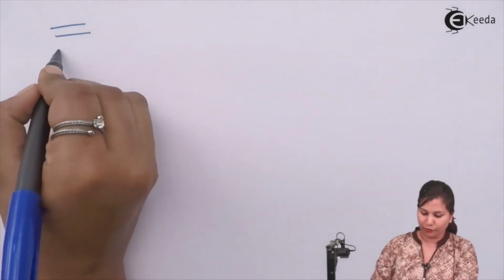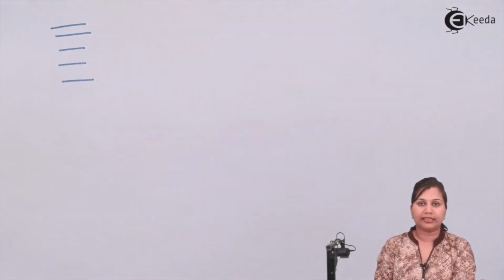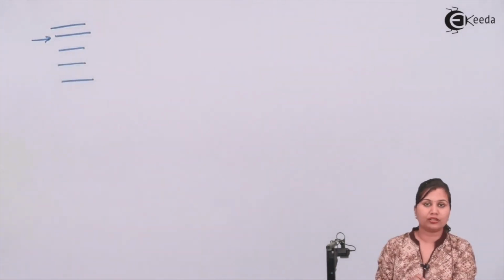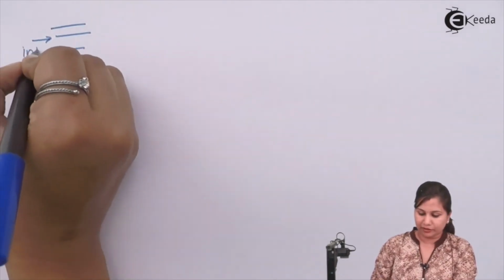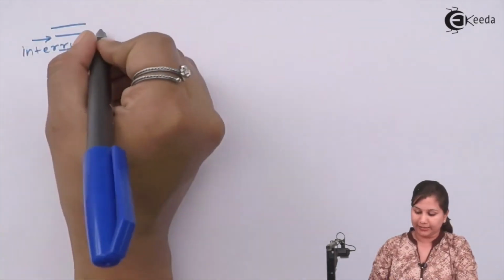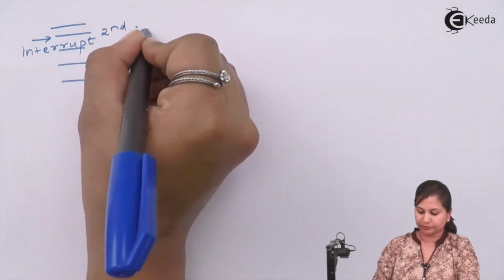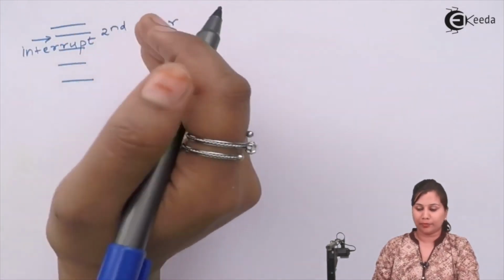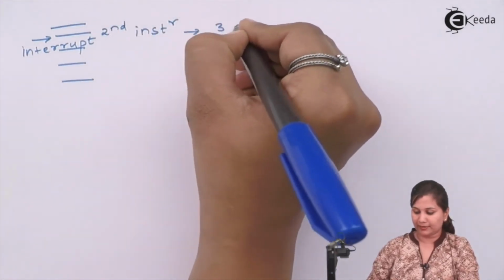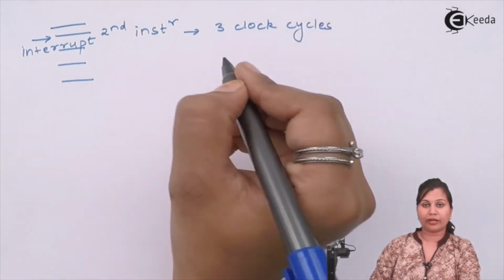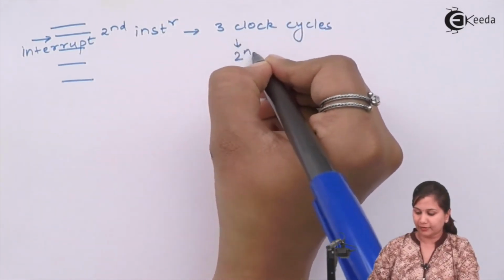For the maximum pulse width, suppose there are 4-5 instructions written in the microprocessor memory, and at the second instruction the interrupt is given to the microprocessor. When this instruction is being executed, suppose it takes 3 clock cycles, so the interrupt will be sensed at the second clock cycle.